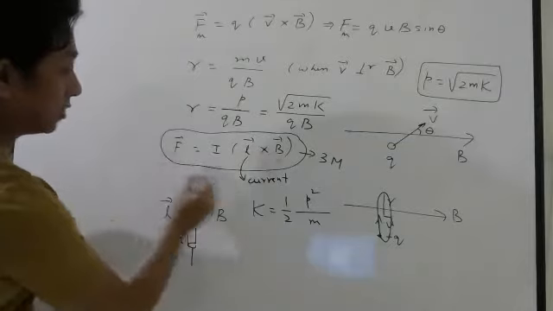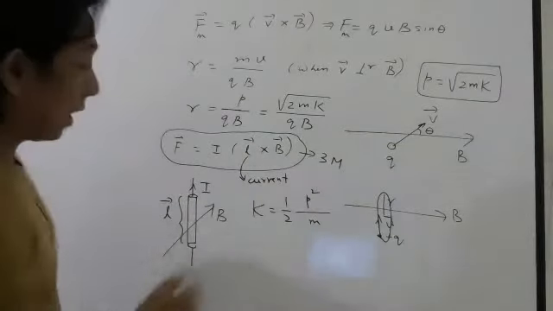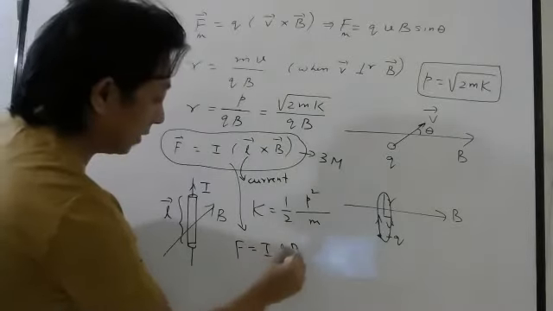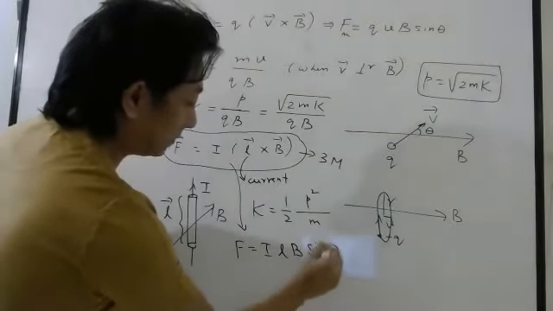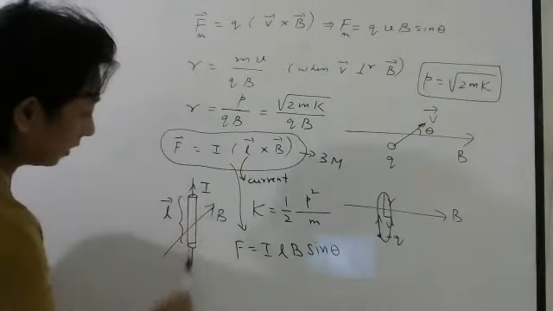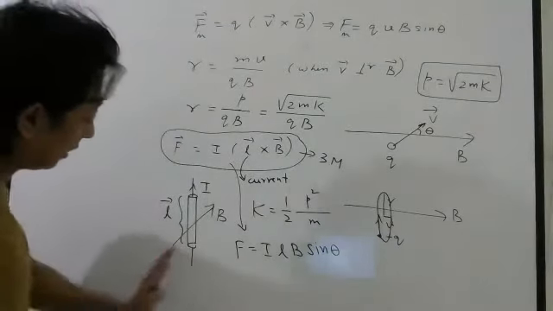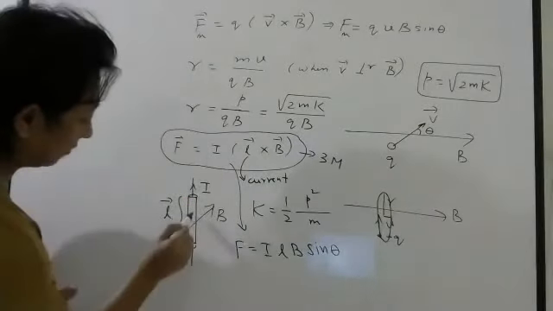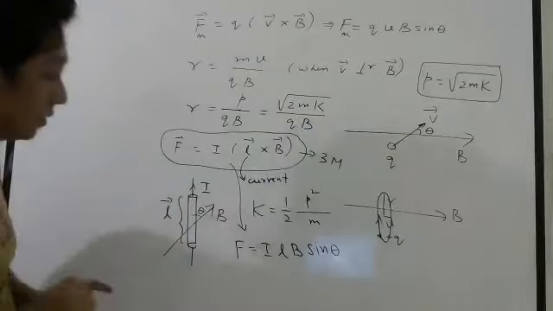Formula for that force is this. Okay, and if you want the magnitude, it will be ILB sine theta. And theta here is the angle between the conductor, in the direction in which current is flowing, and magnetic field. So this is the angle theta.